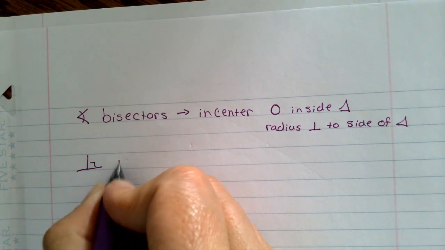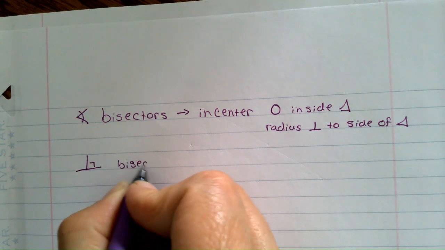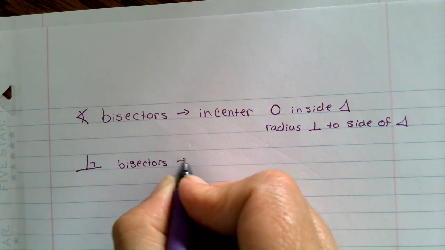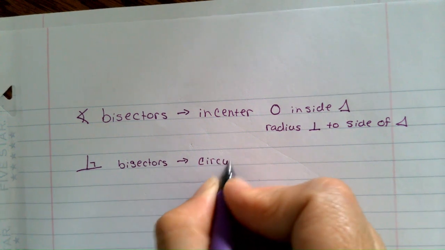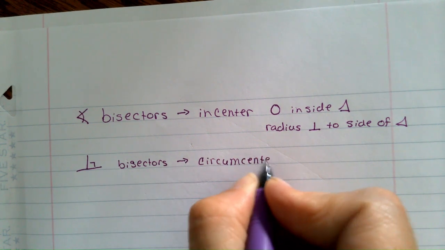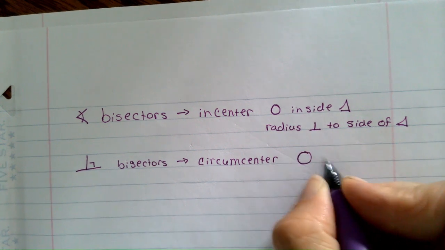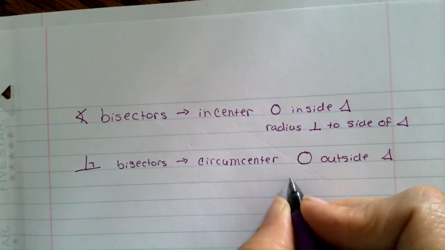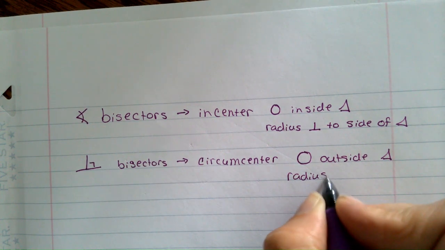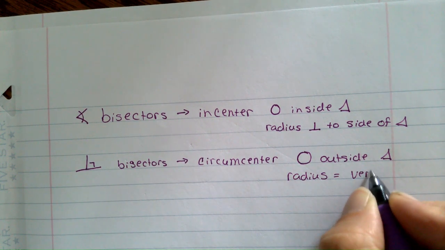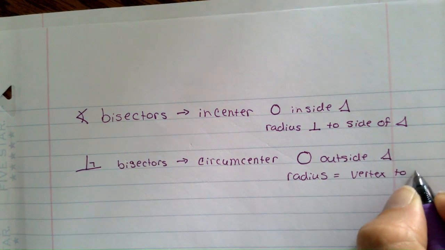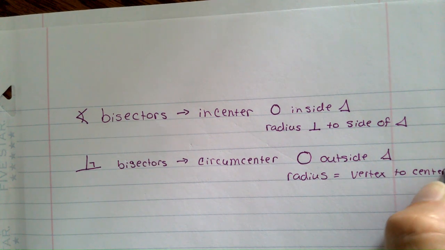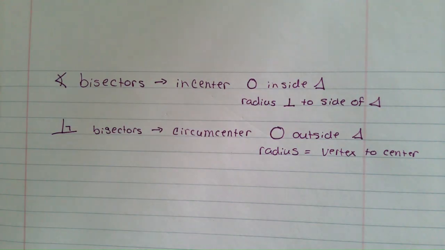Perpendicular bisectors. Circumcenter. Circle outside the triangle. Radius equal vertex to center. Okay, and I'm going to add to this in future videos, but keeping that running chart going is really a big deal.